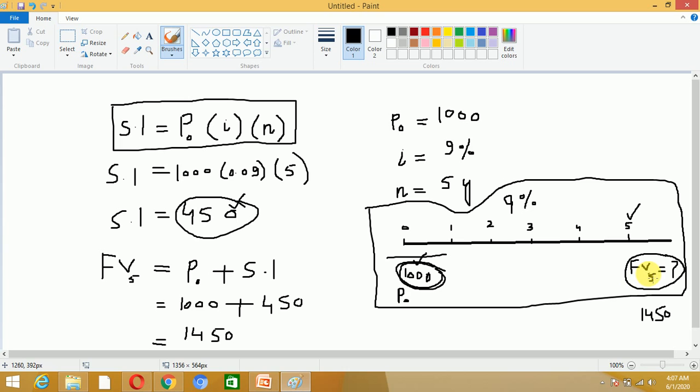Future value after 5 years. This is called future value. You're depositing some money and an interest rate is given. So in the future, how much money will you receive? So future value means the value at some future date of some deposited money at a given interest rate.